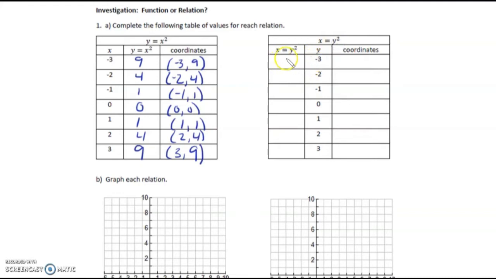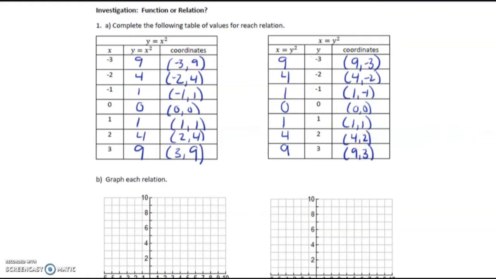So negative 3 squared is 9, negative 2 squared is 4, negative 1 squared, 0 squared, 1 squared, 2 squared, 3 squared. So this time the coordinates are just backwards: (9, -3), (4, -2), (1, -1), (0, 0), (1, 1), (4, 2), (9, 3).